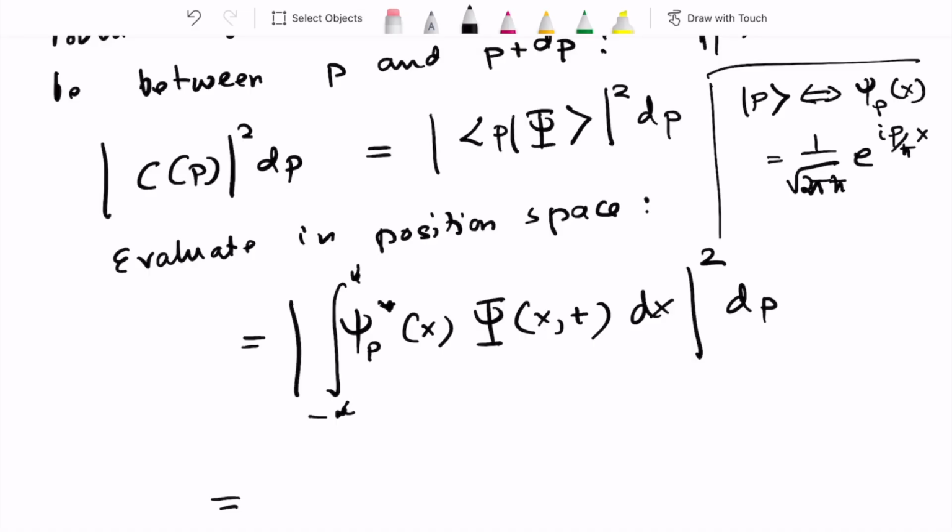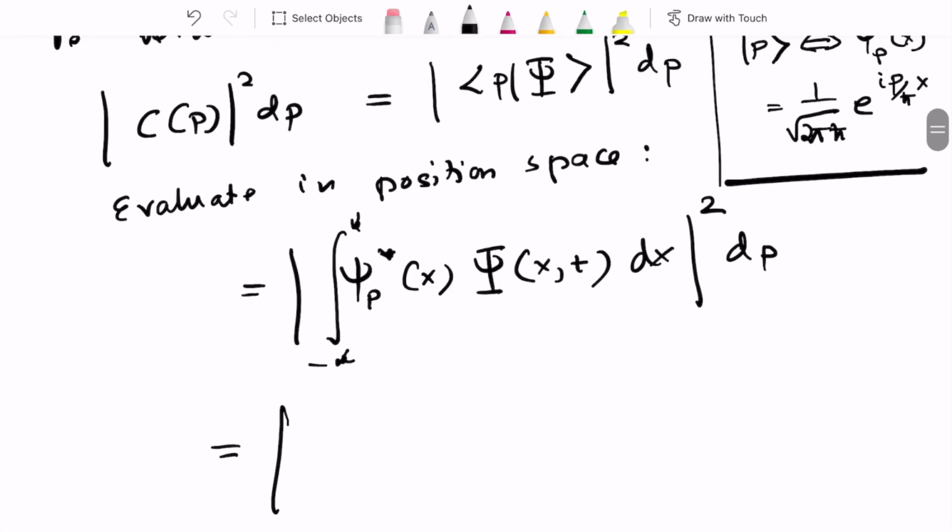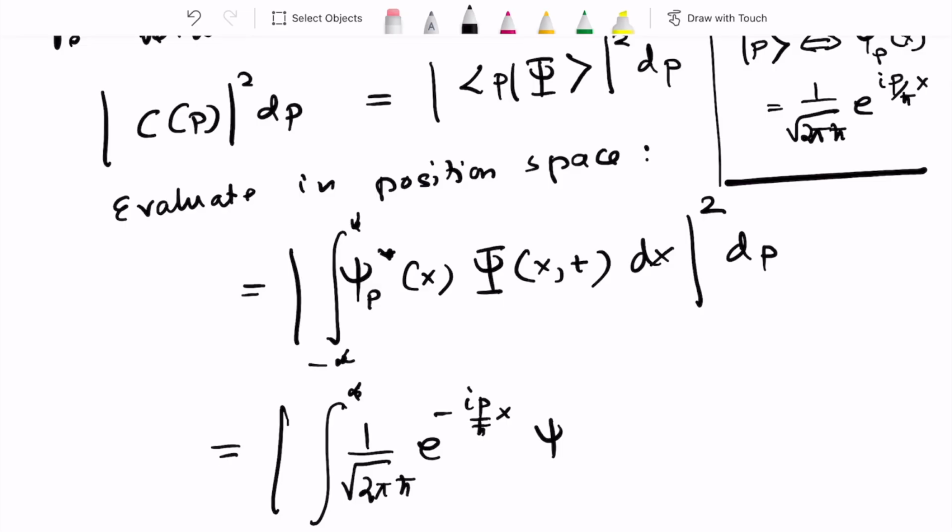So that's what the ket p is in position space. So I'm plugging that in over here. Since it's starred, I'll have to put a minus. So 1 over square root of 2 pi h bar, integral from minus infinity to plus infinity, and then e to the power of minus i p over h bar x, and psi of x, t, dx.